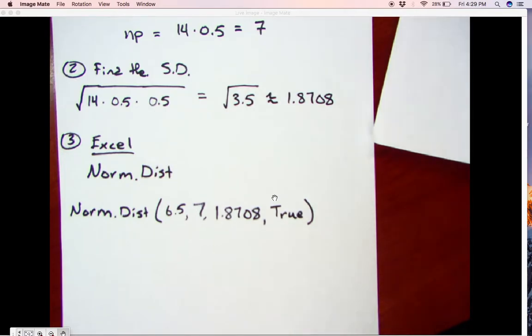So use your calculator and Excel to do a lot of the calculation for you, because in statistics you will get bogged down in the calculation, and it's very easy to make a mistake.